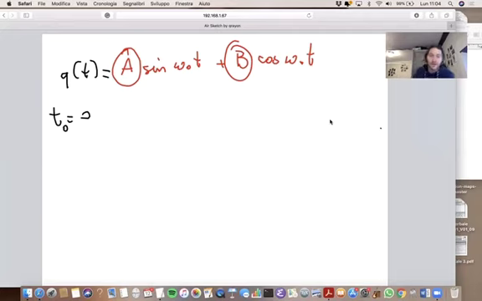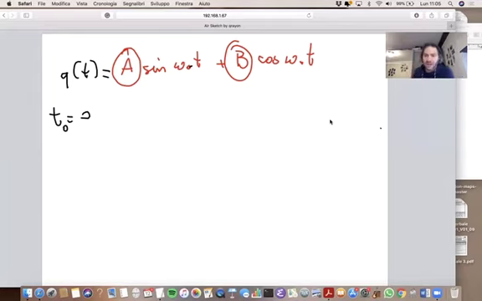So the simplest choice is to start the clock at the initial time. Why is it simple? Because then I can kill the sine, because sine of naught is naught and cosine of naught is 1. I could be more general and write here sine of omega naught (t minus t naught) and keep track, but why complicate our life? Lives are already complicated enough, so let's take the simplest possible configuration.